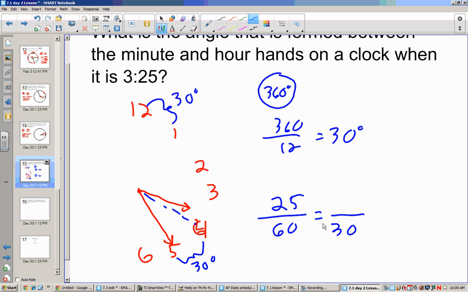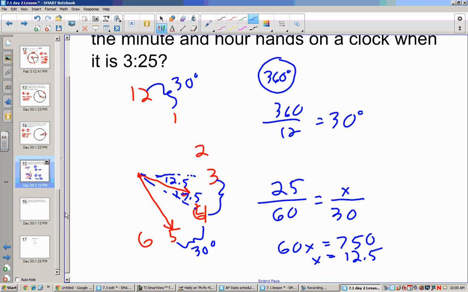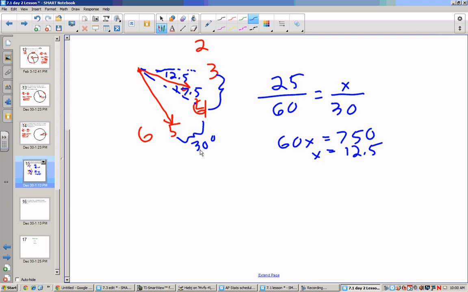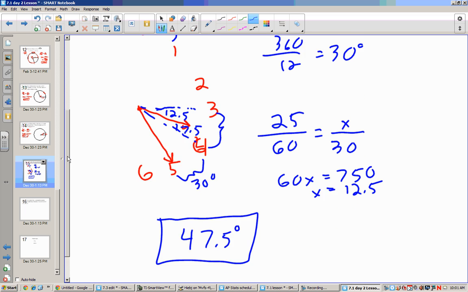So if we cross multiply and divide here, if I put an x, 60 times x would be 750. Now divide by 60, and we would get 12.5. So that's saying we're 12.5 degrees past the 3, and since this is 30 degrees, that means there's 17.5 degrees down here. So if I want to find this total degree measure, 30 plus 17.5 would be 47.5 degrees between the hands at 3:25.